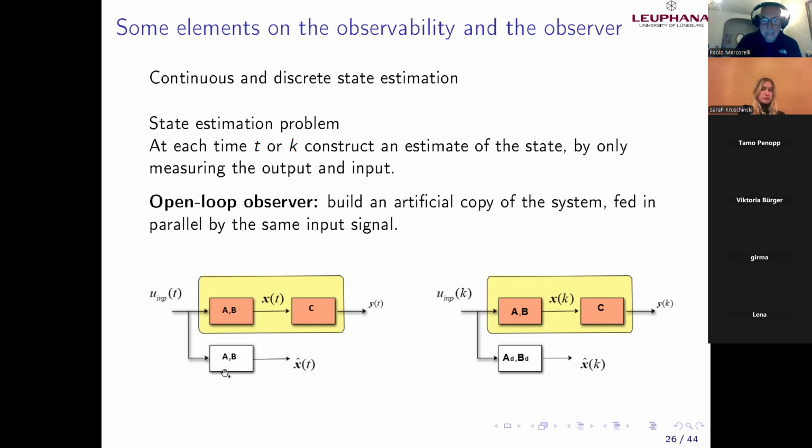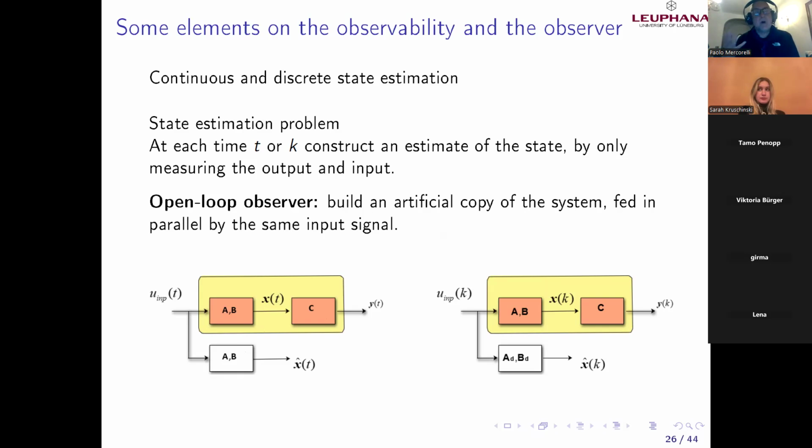Now, this block here, if I am able to know exactly A and B, which represent exactly the system, is an observer, but an open loop observer, because it reflects what happens in the system, because X hat is exactly X. If I know exactly the initial conditions of X, because I know perfectly the system.